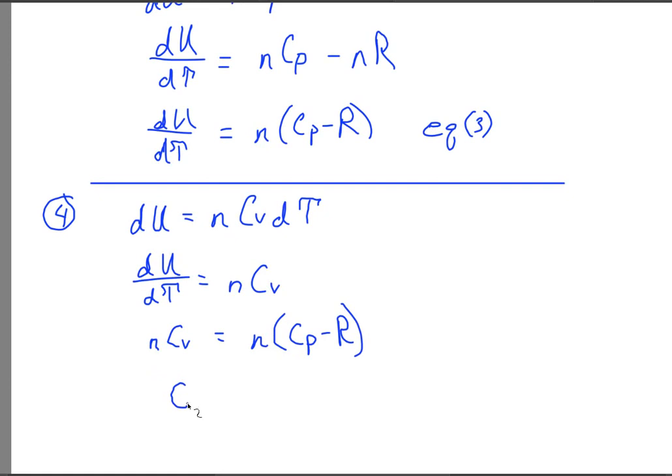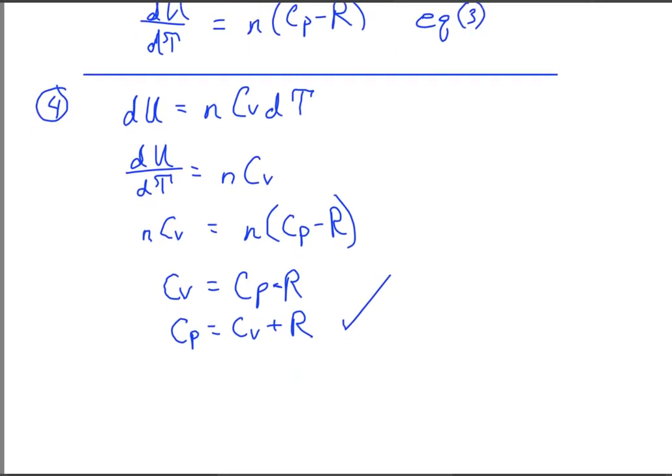The n will simply drop out from both sides, and that will be Cv equals Cp minus R. And then we can say Cp is equal to Cv plus R. And I think that's adequate to derive what we set out to do. Hope you can use this. Thank you for watching.